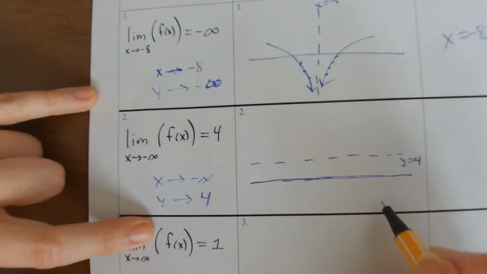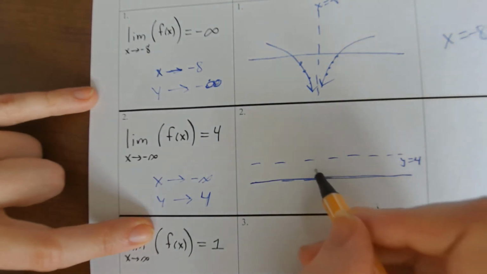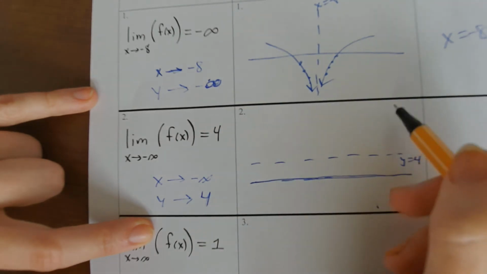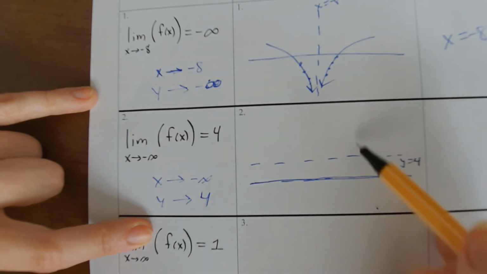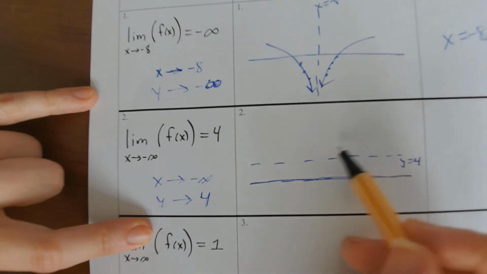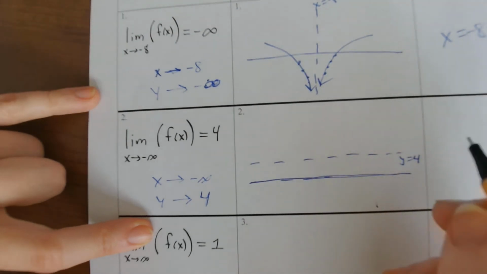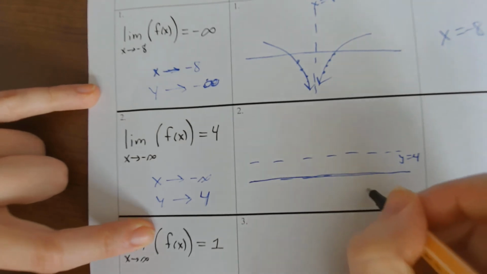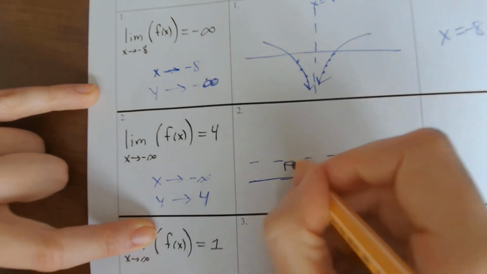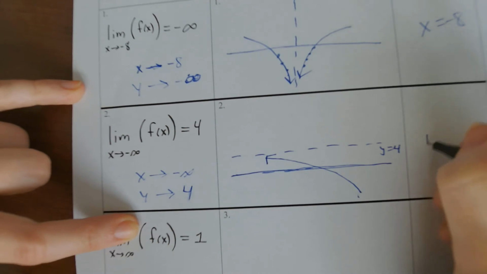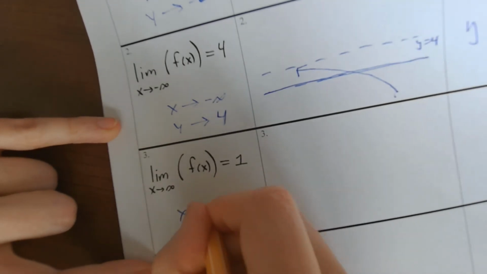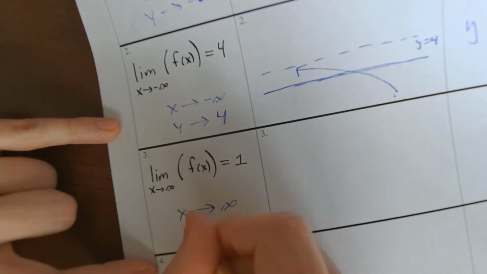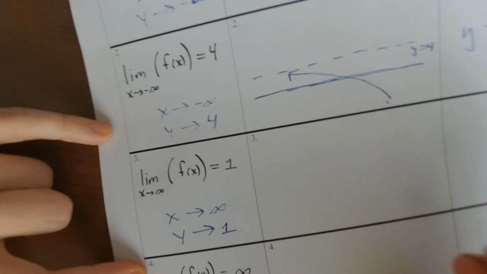The graph could come from below and level off at the asymptote, or come from above and level off, or it could cross the asymptote. Verticals can't get crossed though. I'll just come from the bottom and level off like that. Okay, y equals 4.